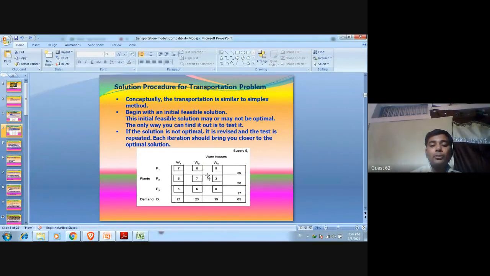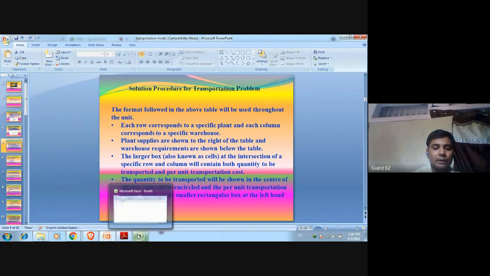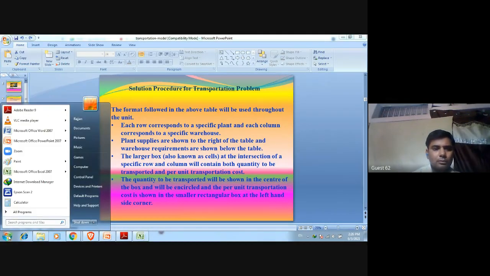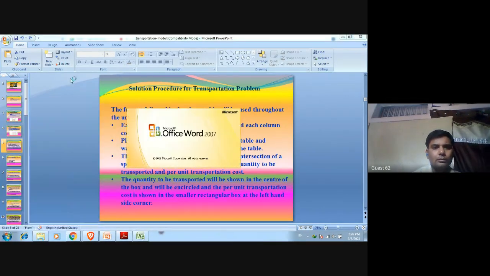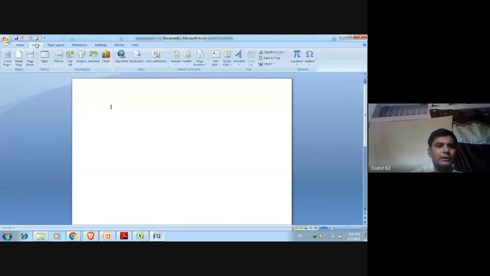Transported units are not shown in this figure; we will see it later. Now, we will represent both quantities in the same cell. The quantity to be transported will be shown in the center of the box and will be encircled. Encircled means, let me show you something. What we have to do, let us insert a table.